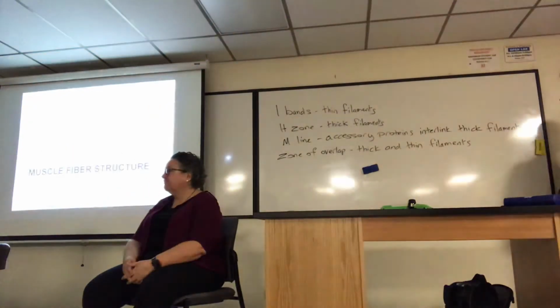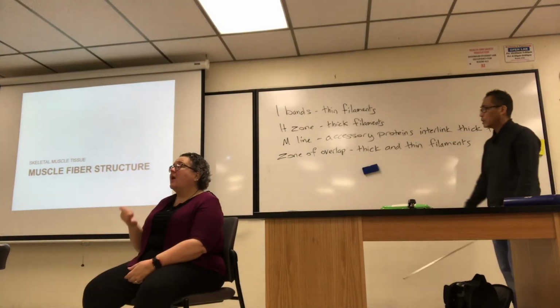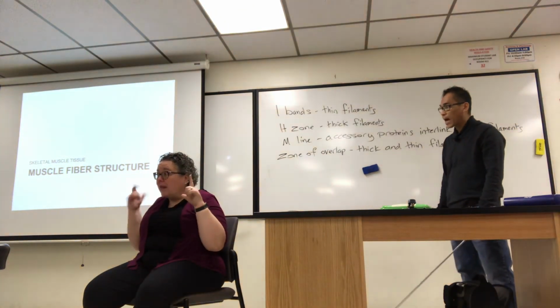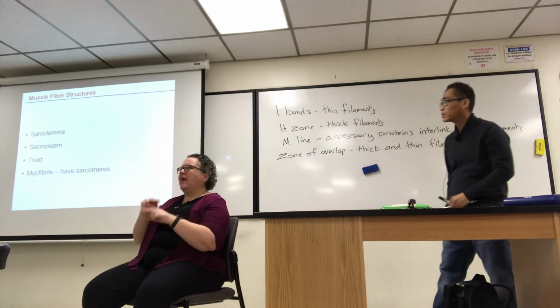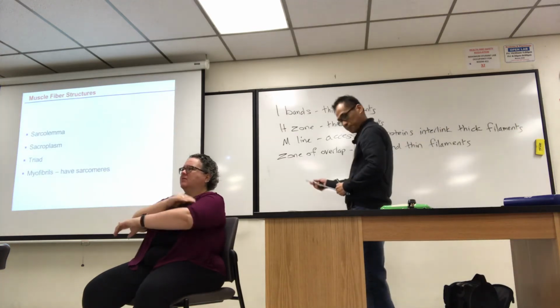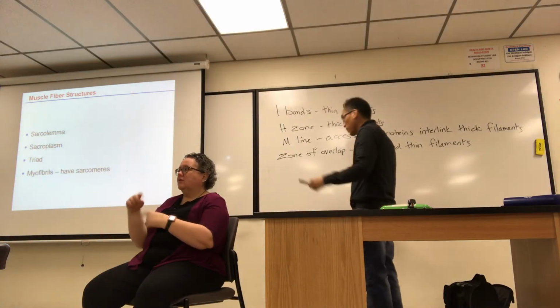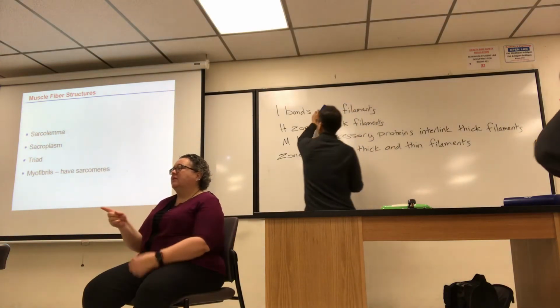So we're going to step away and take more of a macro view of the sarcomere and look at it within the whole cell, the muscle fiber. Let me define some terms first.